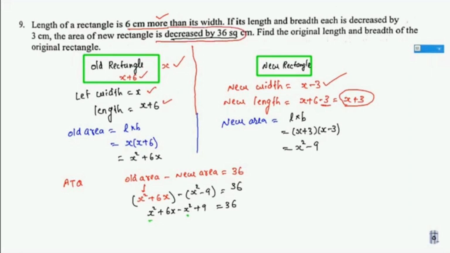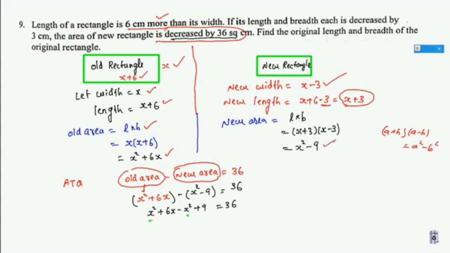In the new rectangle, new width equals x minus 3. According to the question, length and breadth each is decreased by 3. So we have new width and new length. We get the new area, and according to the question, the difference between the areas is given 36. So we will solve. x square plus 6x minus, under bracket, x square minus 9 is equal to 36.